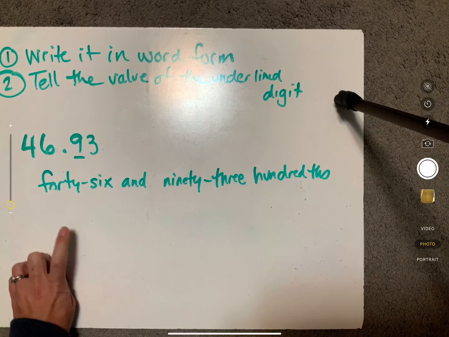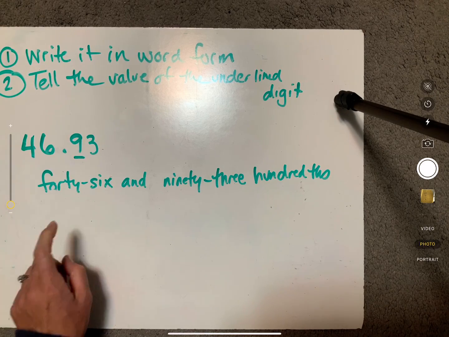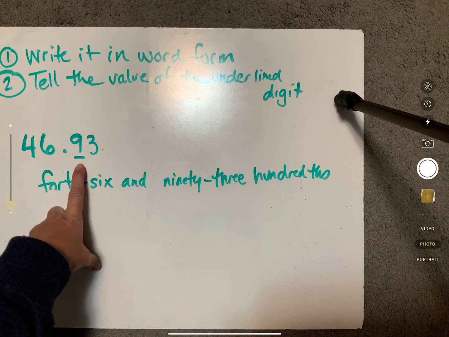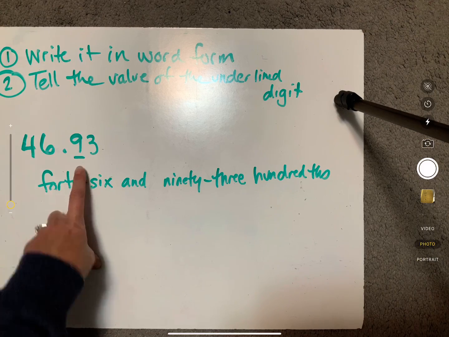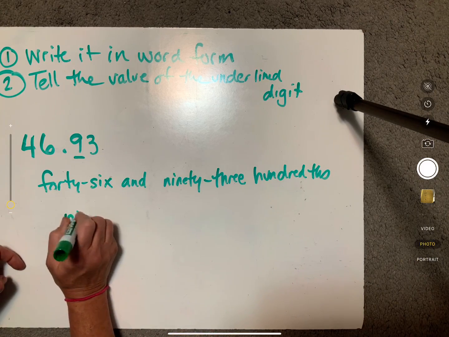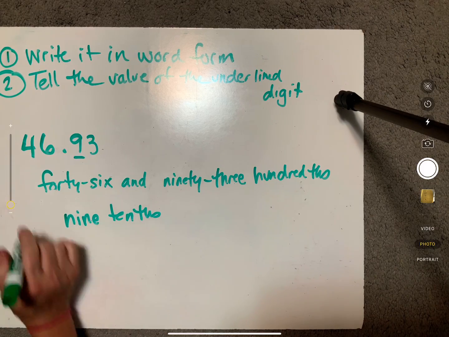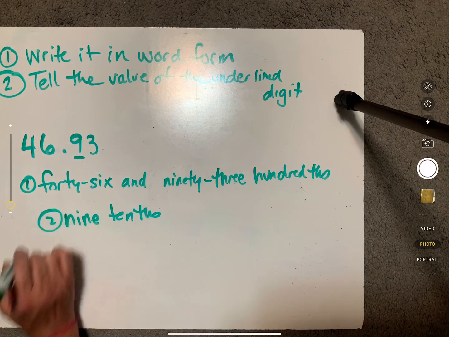That's only step 1. Step 2 is that I need to tell the value of the underlined digit. This is the underlined digit. I'm not asking for the place because that's tenths, but the value of this is 9 tenths. So this is step 1 and this is step 2.